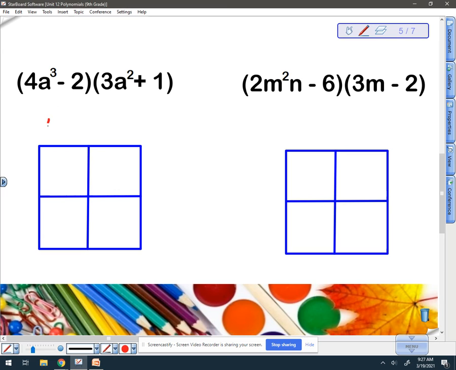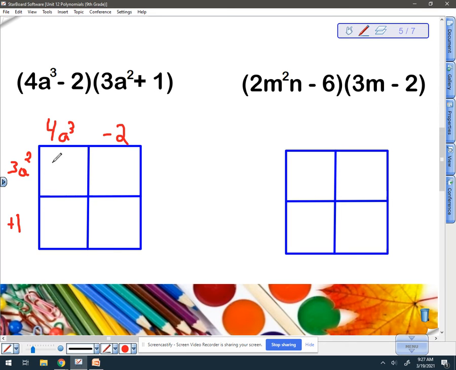I've got 4a to the third, and then I've got minus 2. Break this one apart. I've got 3a to the second power plus 1. So that's how you do it. Break it apart, put it on each side.